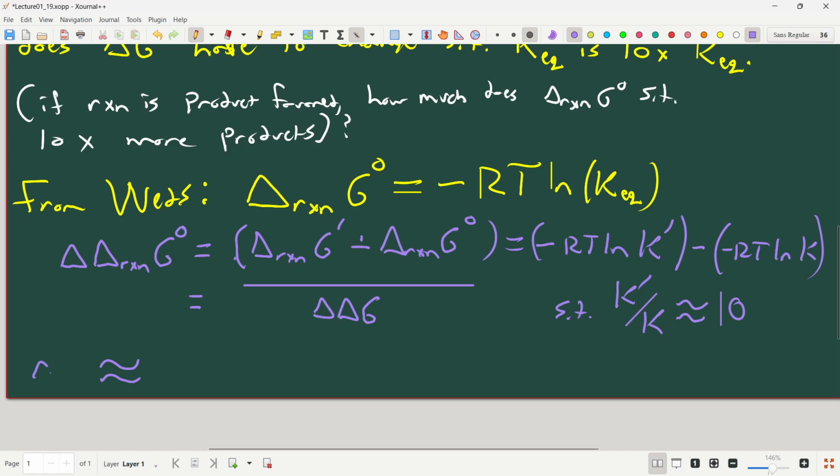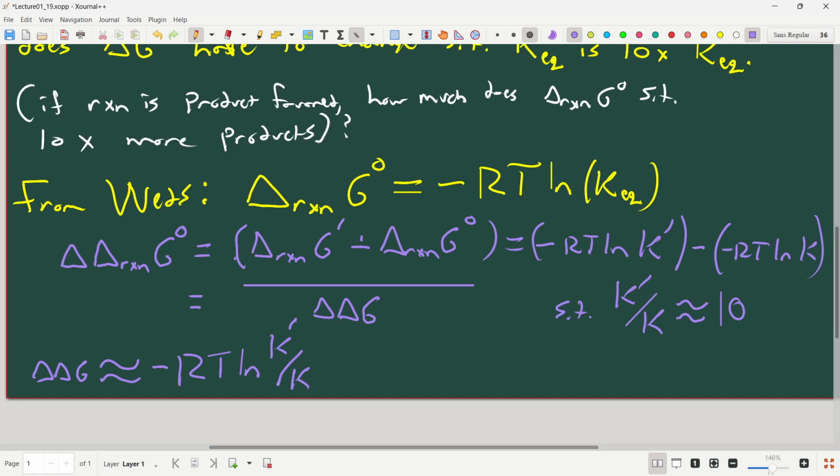That means that delta G is going to be equal to minus RT times the ratio of the equilibrium constants. And what's the ratio? It's 10. So this is going to be equal to minus RT log 10.